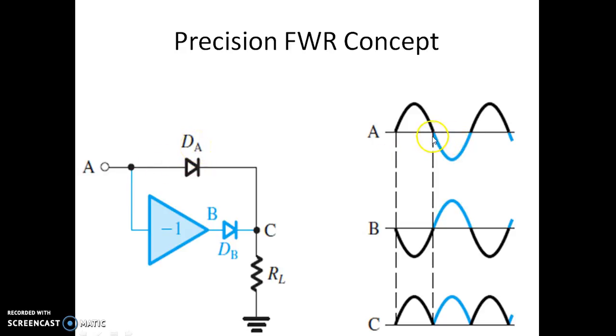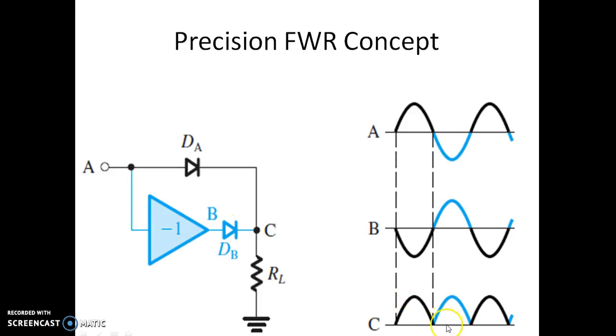Let us assume during the negative half cycle of the input, because of this inverting amplifier, the voltage at B will be positive, because B is the inversion of the input. Now you can see B is inverted compared to A, and we have a positive voltage. This positive voltage is going to make the diode dB turn on.